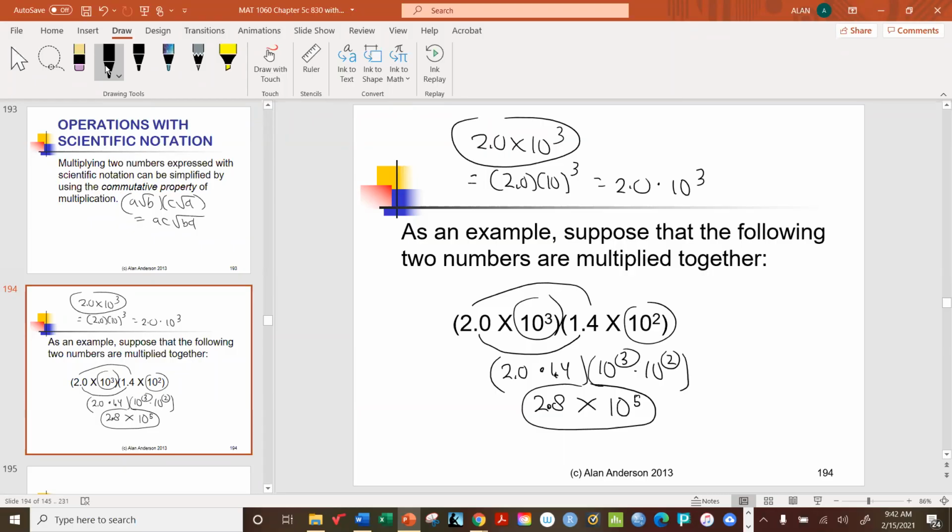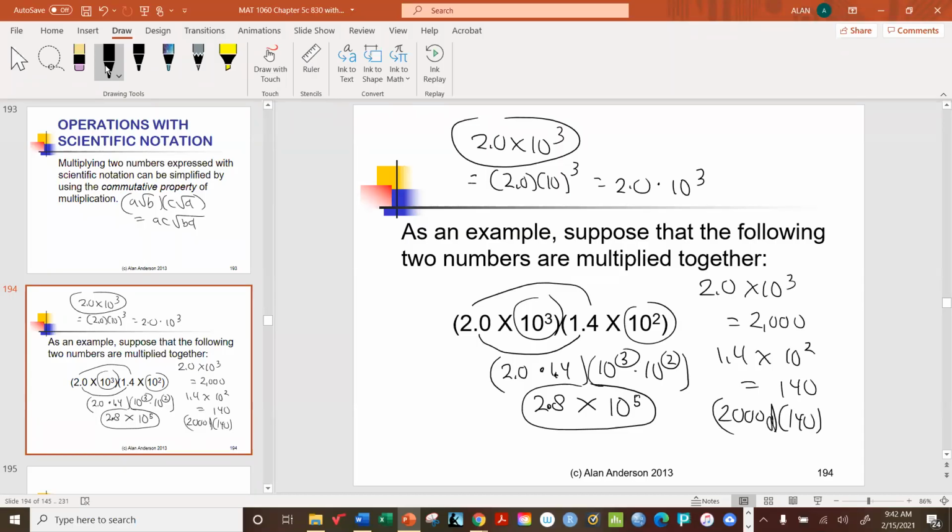And you could double check this if you want to. The first number here, 2.0 times 10 to the third, is 2,000. 1.4 times 10 squared is 140. If you multiply these together, 2,000 times 140 is 280,000.